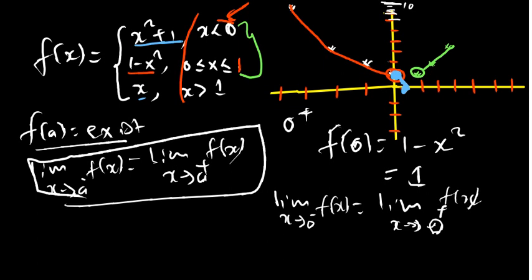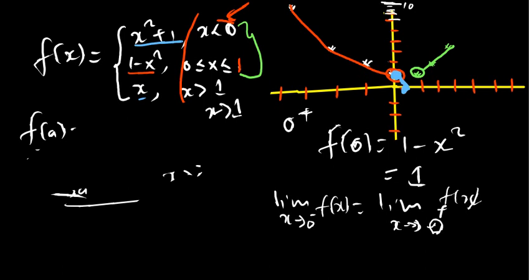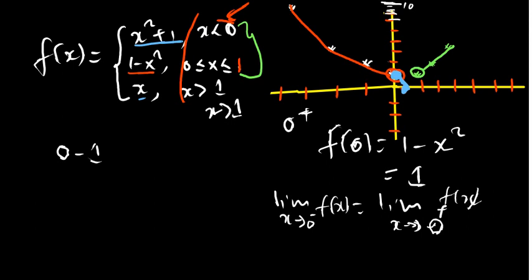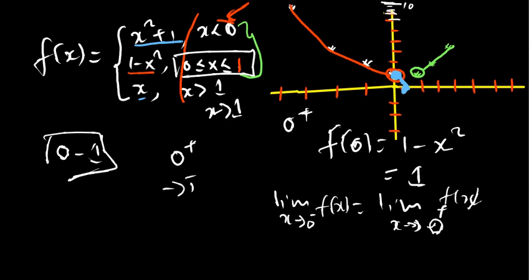Not the third one, which is saying that x is greater than 1. The second equation is giving us a condition from 0 to 1, meaning that if we say 0 plus, to the right side, it is in this range. So we're going to use the second equation, not the third one, unless we are talking about x approaching 1 from the left side or the right side. That's when we can say we're going to use the third equation.